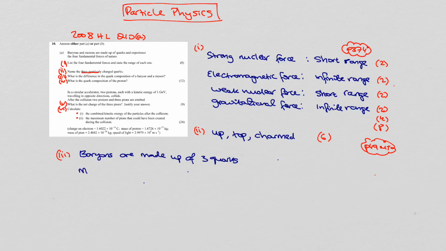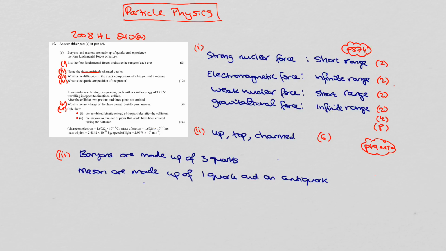And then a meson is made up of 1 quark and an antiquark. And they don't have to obviously be the antiparticle of the other, okay? So it can be an up and an anti down in your composition.